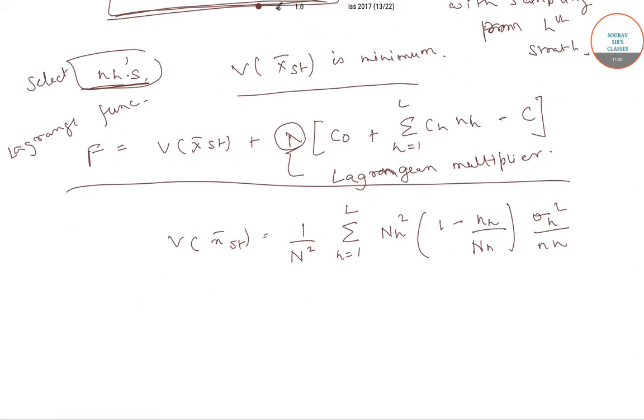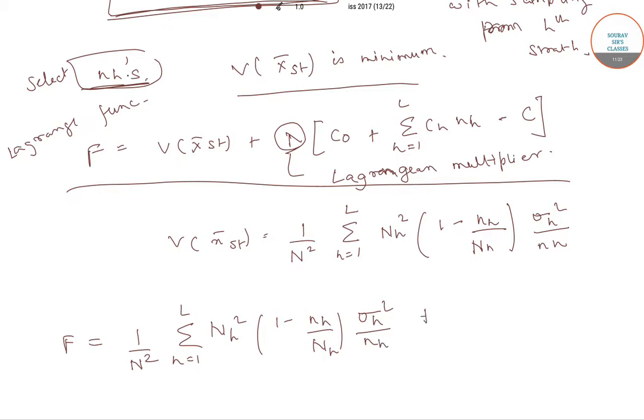So we will have f equal to 1 by capital N square into summation h goes from 1 to capital L of capital Nh square into (1 minus small nh divided by capital Nh) into sigma h square divided by small nh.